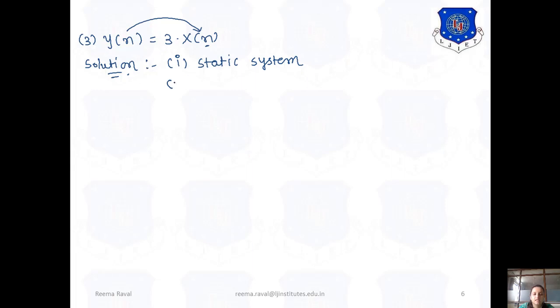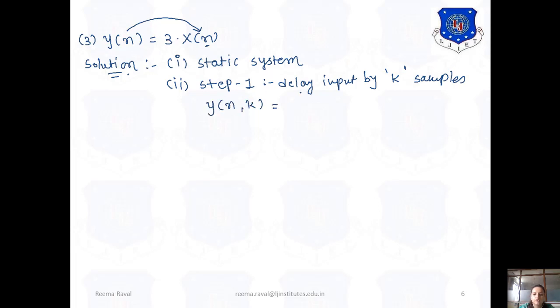The next property is whether it's time variant or time invariant. For that, step number 1 is we are going to delay the input by k samples. So we will get y of n comma k equals 3 into x of n minus k.